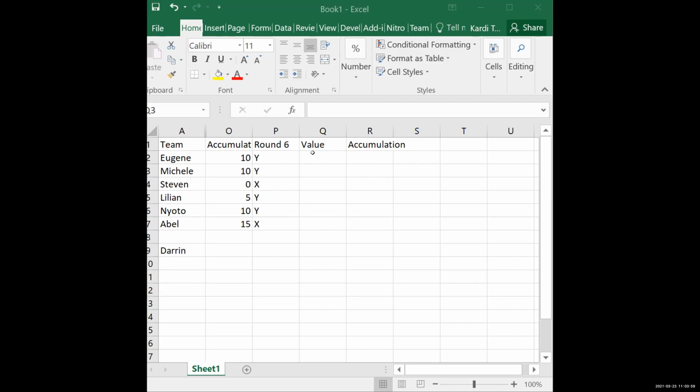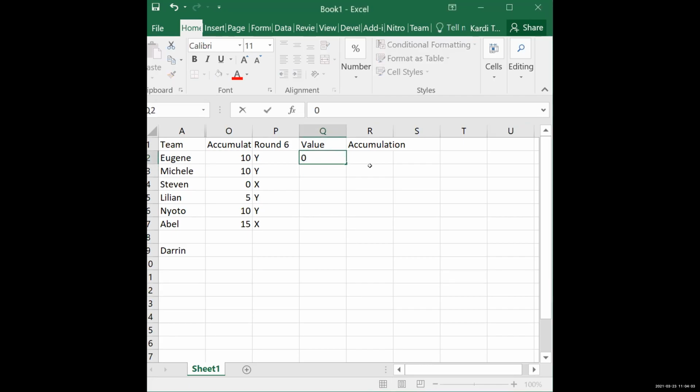We got Abel. We got Lillian. And we got Eugene. And we got Michelle. Okay, I will share the screen now. This is the result of round 6.